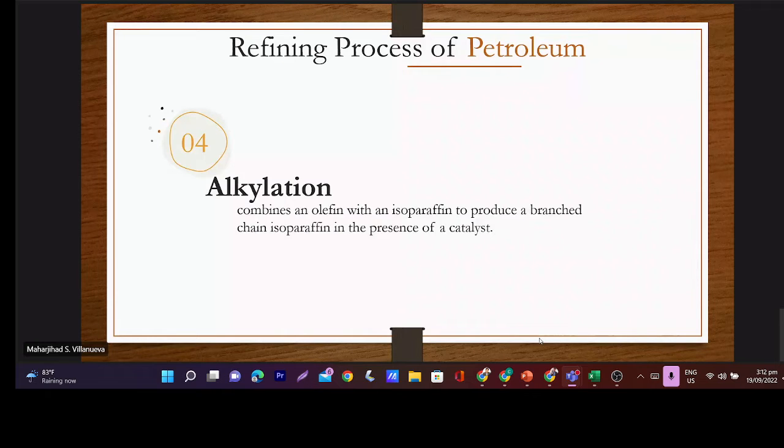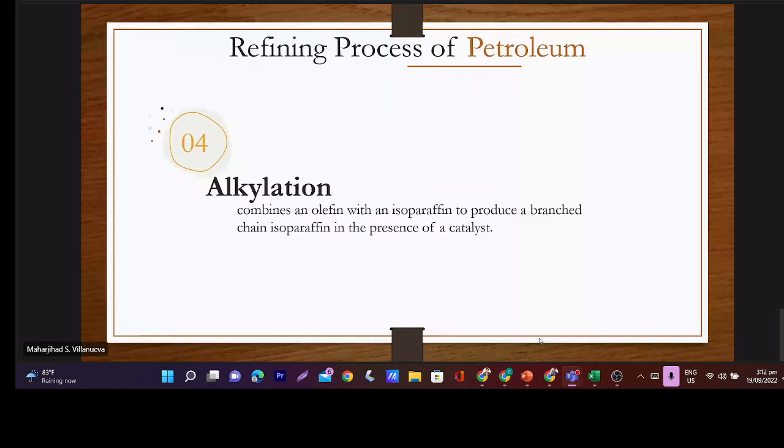So, yung ginagawa po nito, from the name itself, alkylation, produce po sila ng alkylates. So, yung mga alkylates po, it is high in octane but has low volatility and can be added to motor gasoline and aviation gasoline to increase octane while meeting yung mga stringent volatility specifications po na ginagamit po sa mga gasolina po na yun.